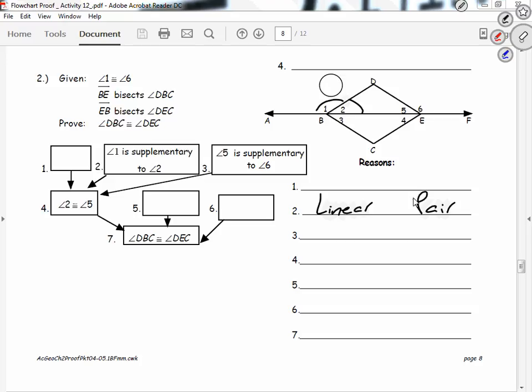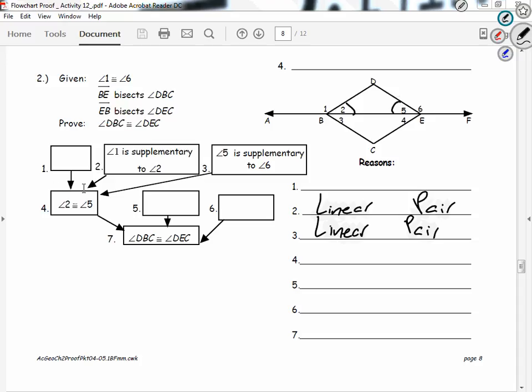Number 3, angle 5 and angle 6 are supplementary, linear pairs. Okay, linear pair. Notice on statement 4, I need angle 2 is equal to angle 5. Angle 2 is here, angle 5 is here.